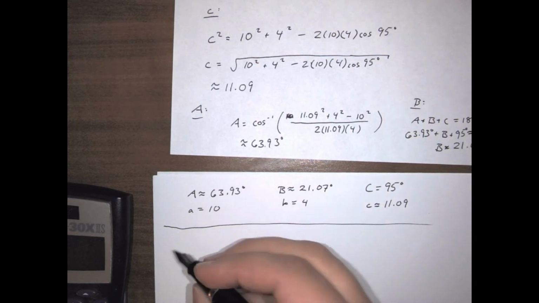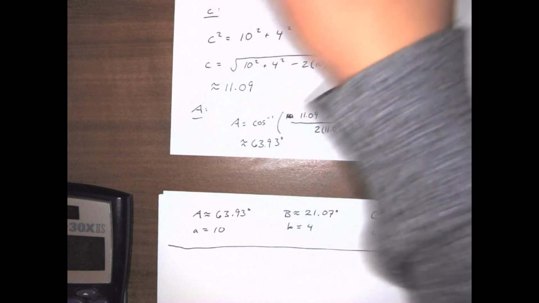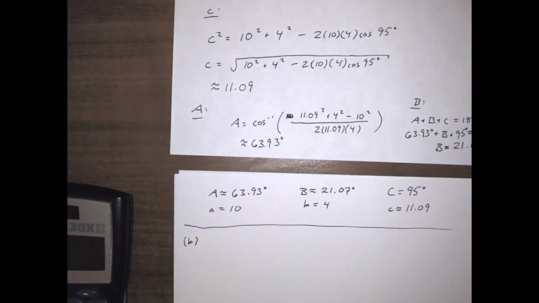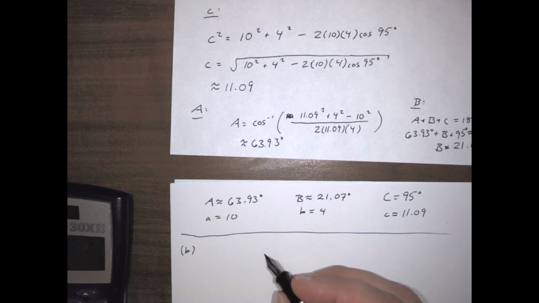Now, let's try another one here. So example B. Let's have one where now we're given all three sides.